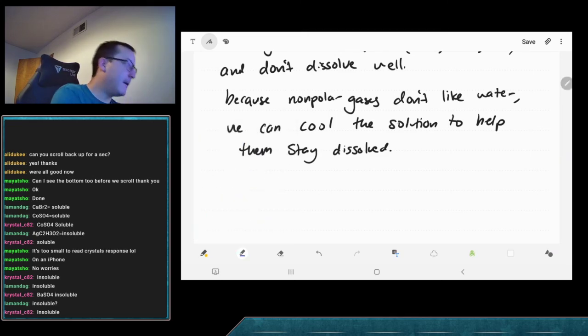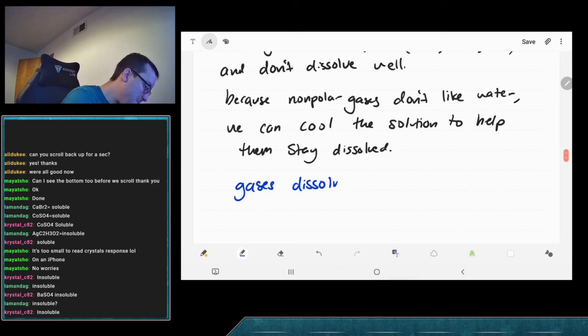So let's see, what's the last thing about gases? Oh yes, pressure. So gases dissolve best in cold liquids.